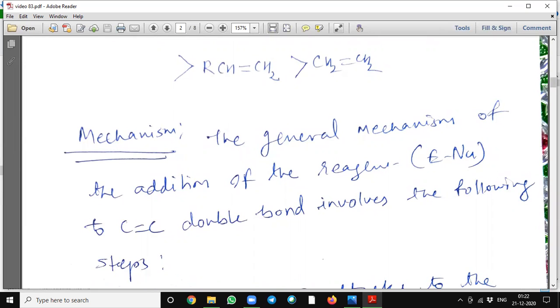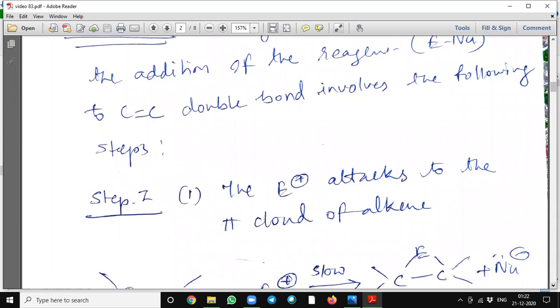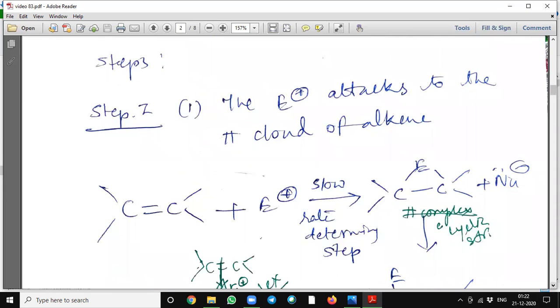Mechanism. The general mechanism of the addition of the reagent E-Nu to a double bond, electrophile and nucleophile, involves the following steps. First step, the electrophile attacks the pi cloud of the alkene.